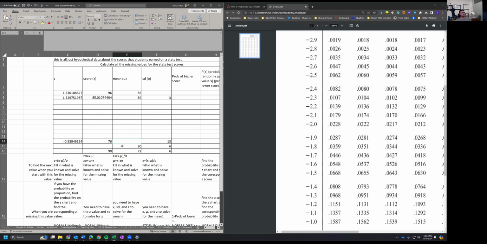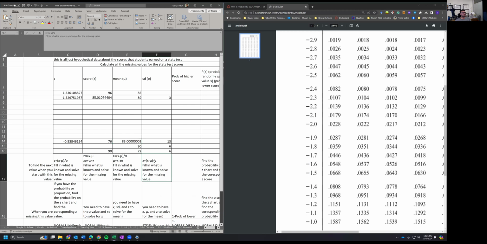This one right here is missing the population mean, so we'll solve for that. We do equals sample mean minus z multiplied by the standard deviation. And that gives us a mean of 83.